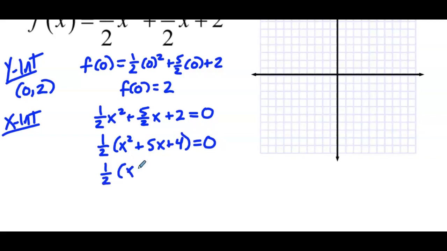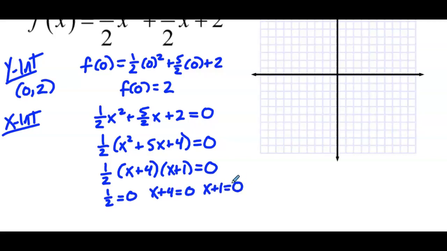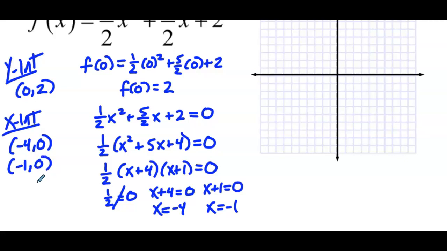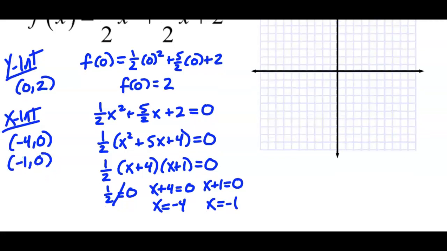So we have 1/2 times x plus 4 times x plus 1 equals 0. So that means either 1/2 equals 0, x plus 4 equals 0, or x plus 1 equals 0. 1/2 doesn't equal 0. We'd have x equals negative 4 or x equals negative 1. So we have negative 4, 0 and negative 1, 0 as our x-intercepts.